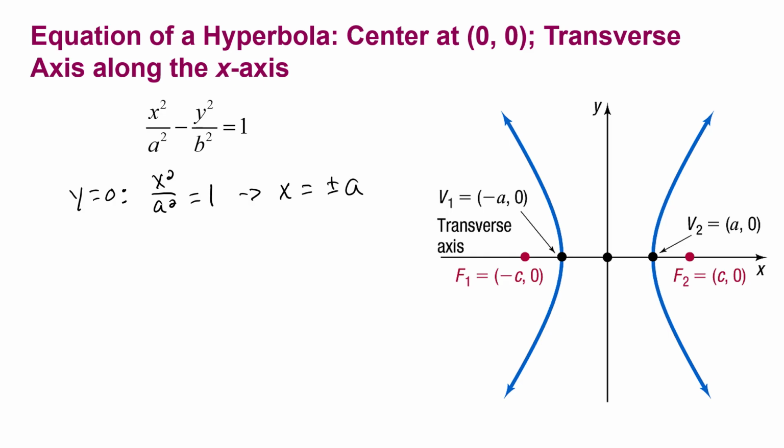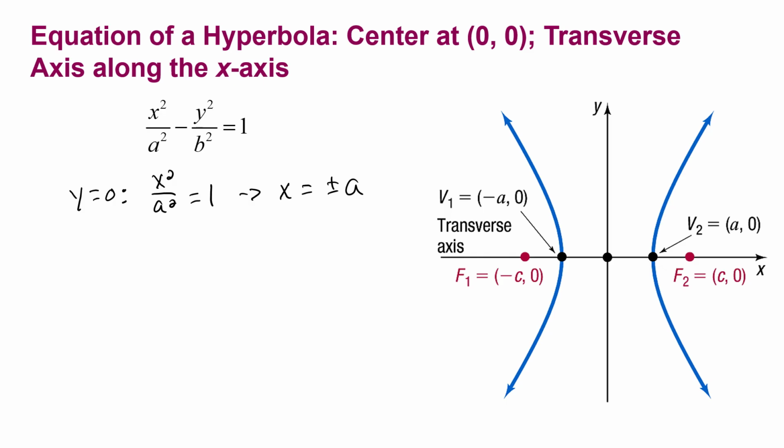Therefore, the vertices of the hyperbola are at the points negative a comma 0, which we denote as v sub 1, and the other vertex is at the point a comma 0, which we denote as v sub 2. And notice that the distance from the center to either vertex is a, and thus the distance between the vertices is 2a, which is the constant referred to in the definition.